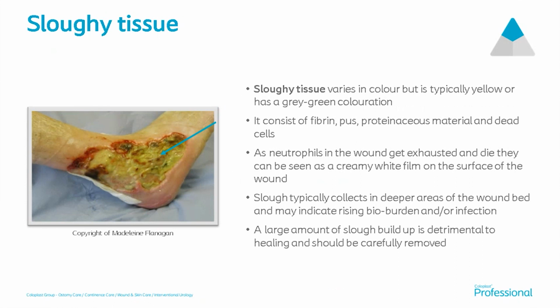Sloughy tissue, again, can vary in colour, but it's normally yellow or has a slight grey or green coloration to it. And we want to be removing this devitalised tissue from a wound bed in order to support wound healing and create an optimum wound healing environment.